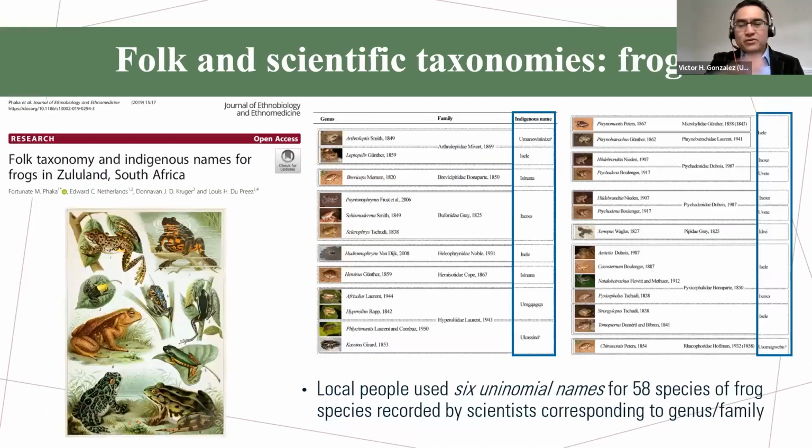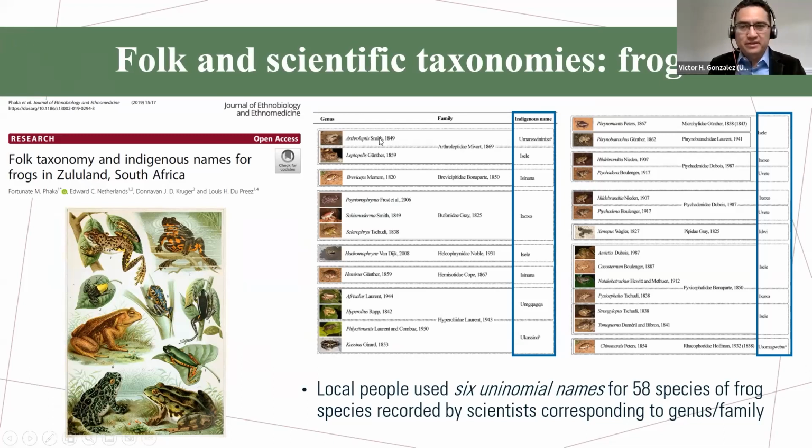In another case, we have frogs, and this is another example from South Africa. Here we have 58 species of frogs that were named using only 6 names, and these are uninomial names, so basically a single name.